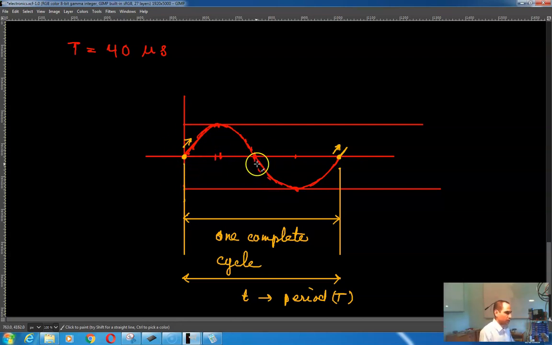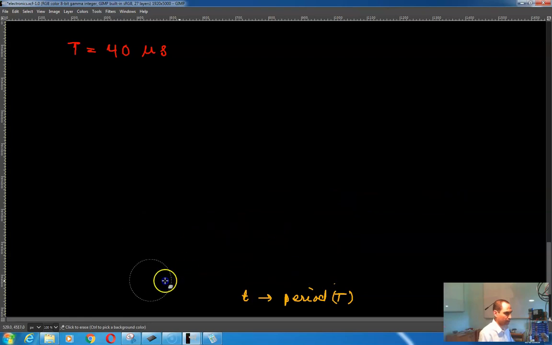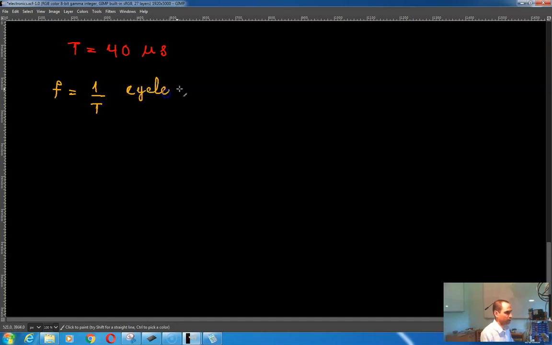The way you can calculate it is to set up the same equation. Essentially, you know that F is the same thing as 1 over T cycles per second. I'll show you what I mean by that.